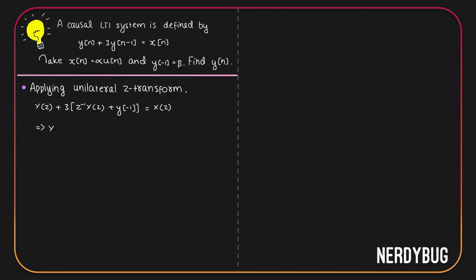Now this becomes y of z plus 3z inverse y of z plus y of minus 1 is given in the question, it is beta. So 3 beta is equal to x of z, but x of n is alpha u of n. So x of z will be alpha multiplied by Z transform of u of n, which is 1 by 1 minus Z inverse. So we can write alpha divided by 1 minus Z inverse.